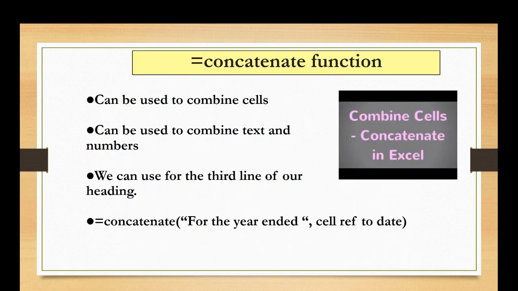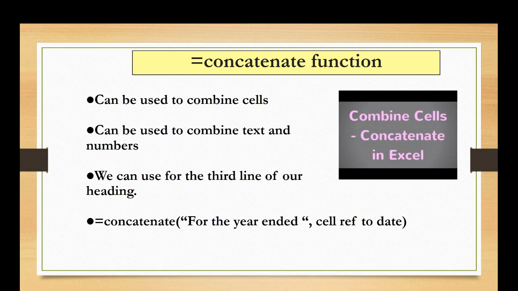The concatenate function is a function which allows you to combine cells in Excel. I'll be introducing it to you in the demonstration. So just a slide to summarize how it works. You can use it to combine cells. You can use it to combine text and numbers. We're going to use it for the 3rd line of our heading.